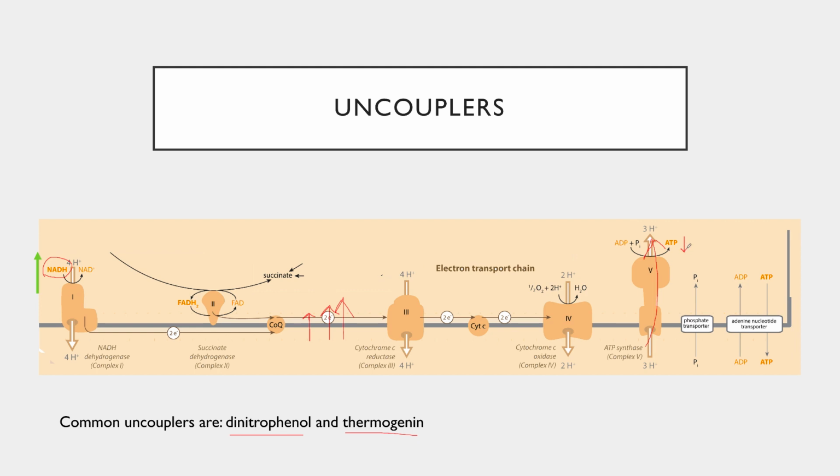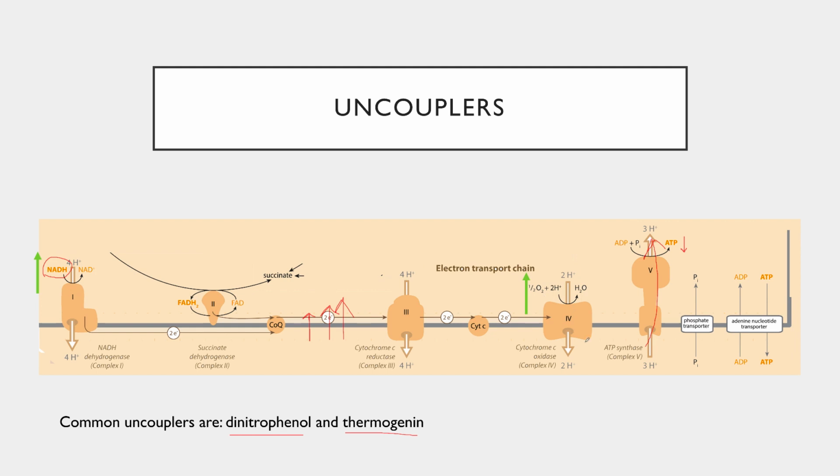So we have an increased demand for ATP because it's not being produced, and this will increase the flow of electrons through complex 1. We're also going to increase oxygen consumption because we're passing electrons here. We need a final electron acceptor, and that's molecular oxygen, so we'll increase oxygen consumption.